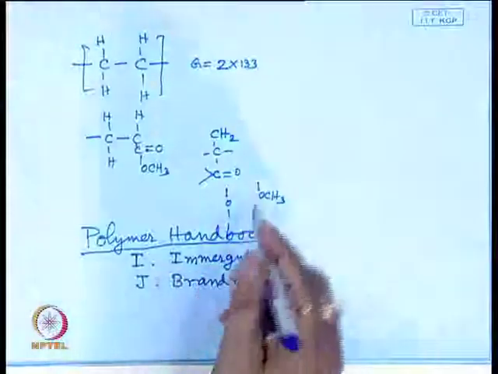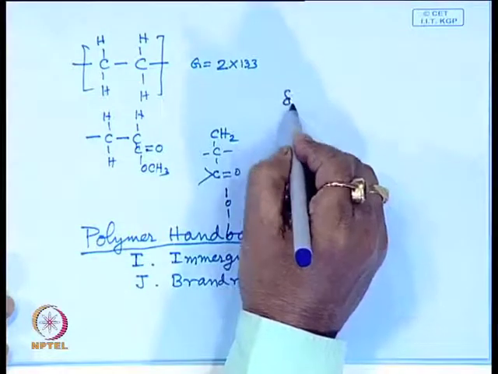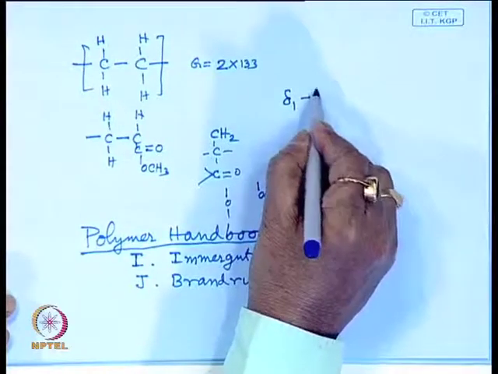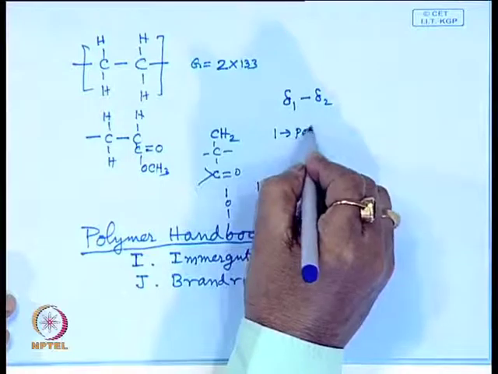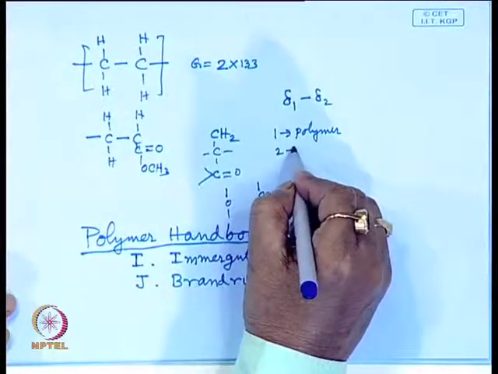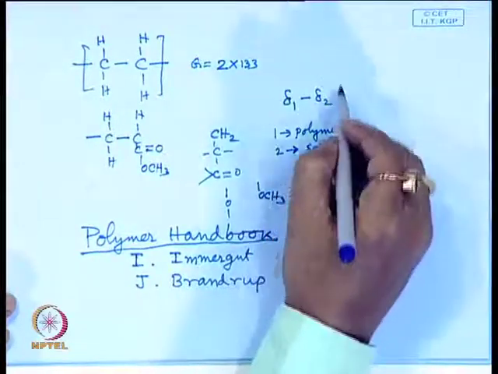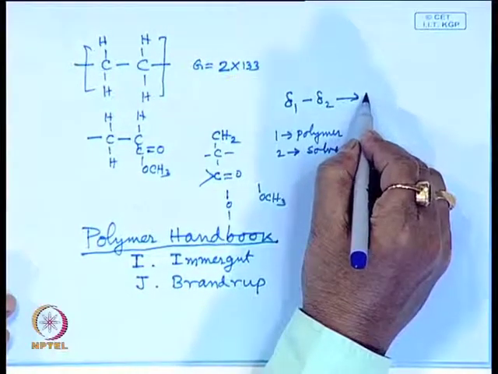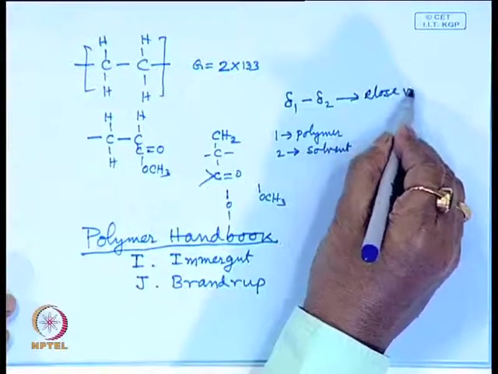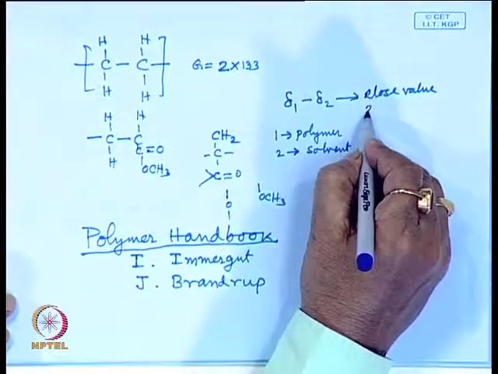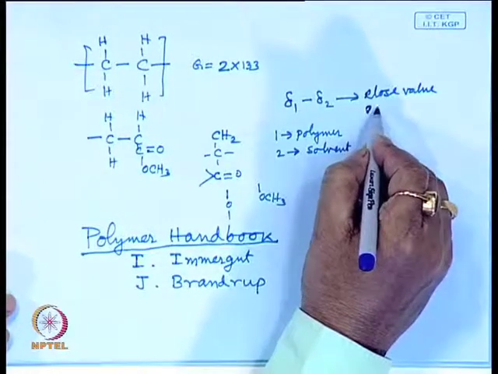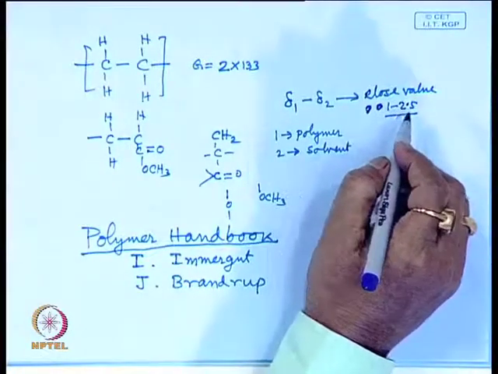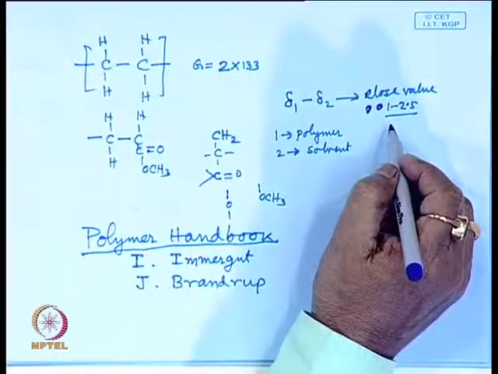How to judge then? Now, if the solubility parameter of a polymer and a solvent are very close, say if the difference is say 1 to 2.5, the difference in solubility parameter is 1 to 2.5, then that can be miscible.